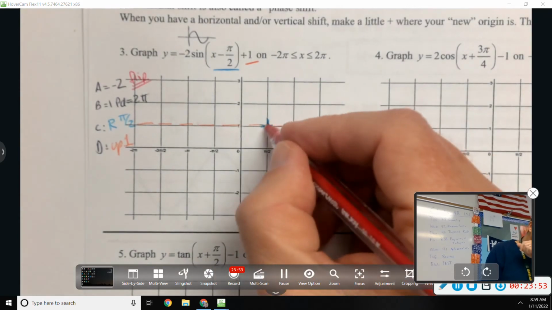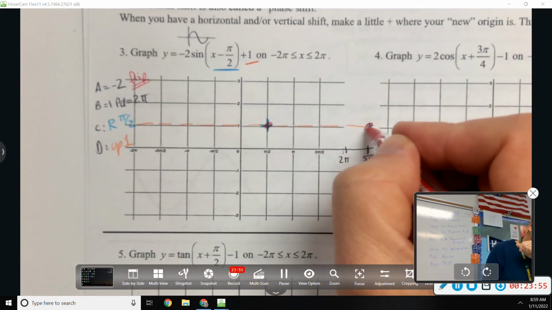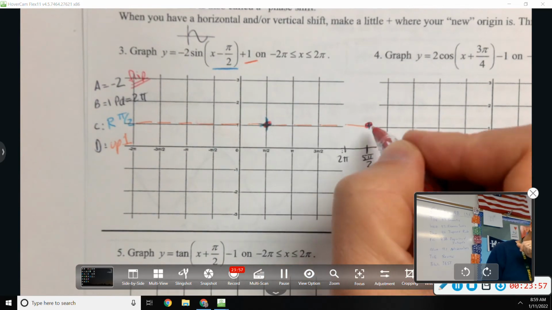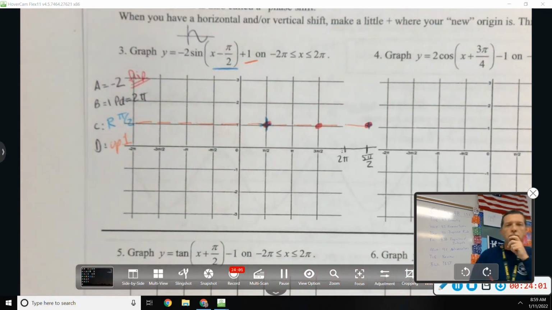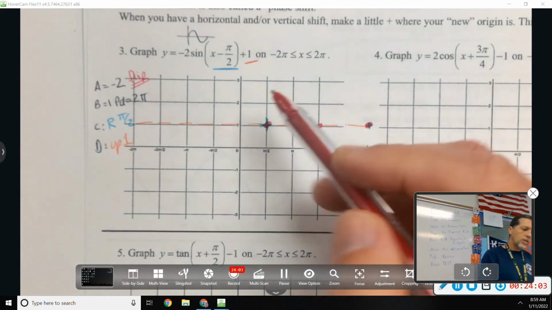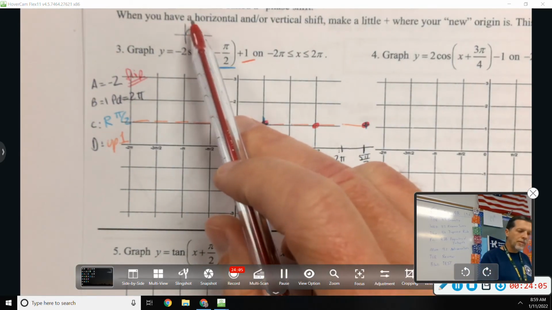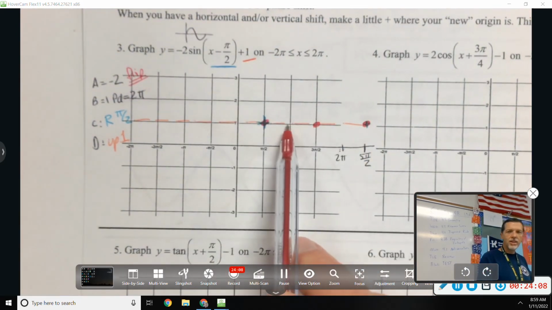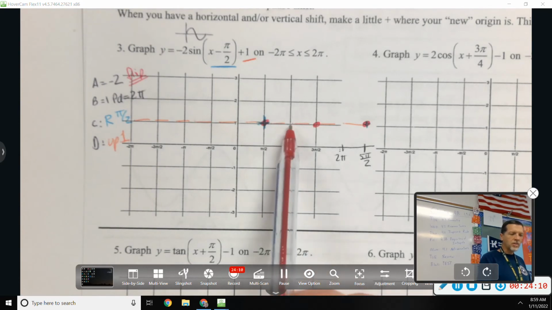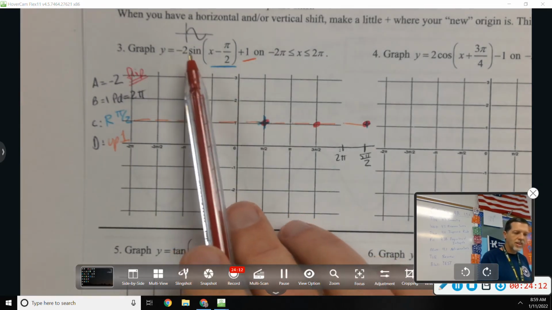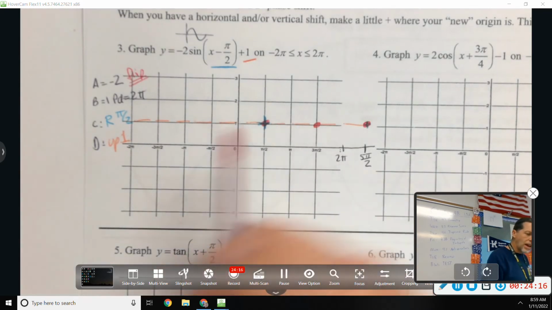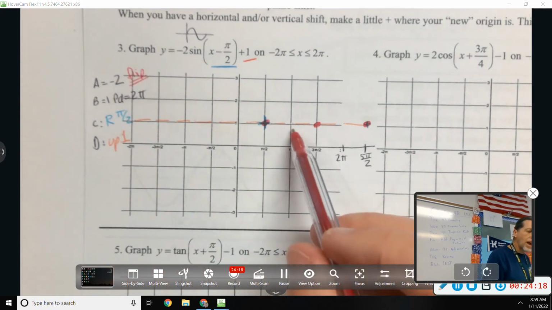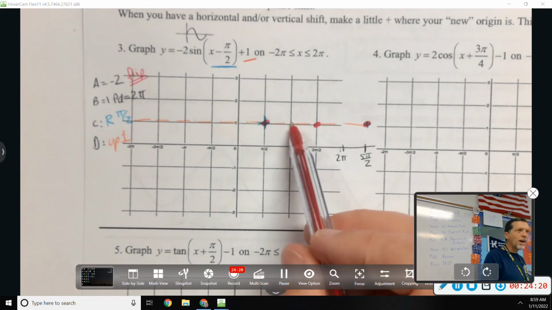So sine usually starts and ends at 0. In the middle is a 0. Normally we would have a maximum right here, but what's going on with this graph? It's got to have a minimum. It will be at -1 because I'm going to go down 2 from the midline.